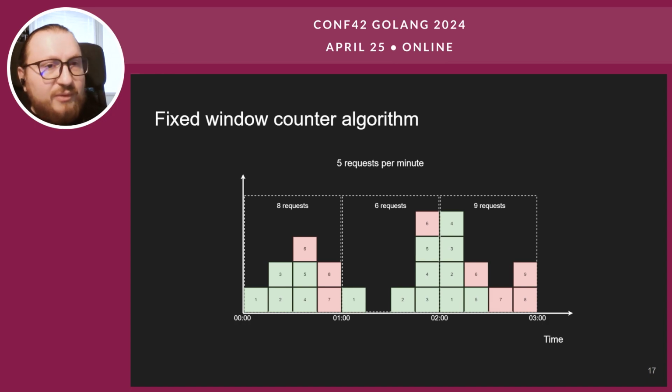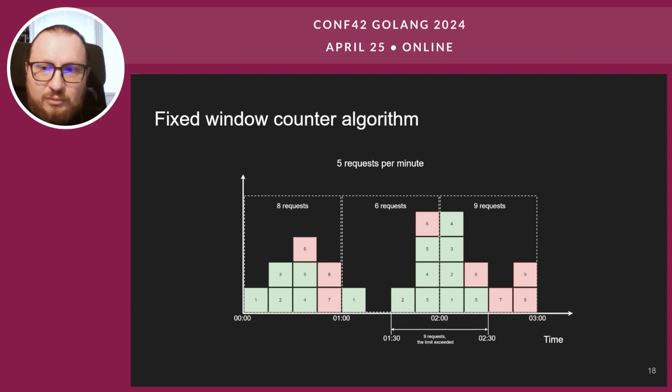The example on the slide shows that we have a 1-minute window size and set the rate limit to 5 requests per minute. In each window, the first 5 requests were processed, and all other requests were dropped. As you can see, this algorithm is quite simple. However, it has a big drawback, which you have probably already noticed here.